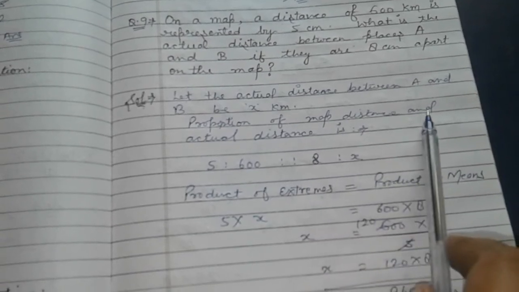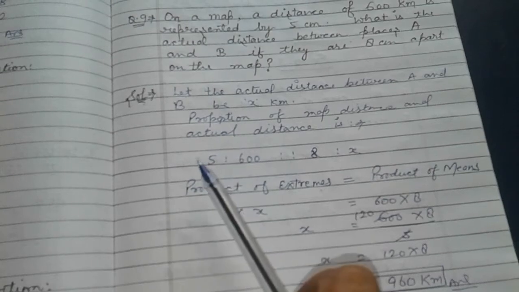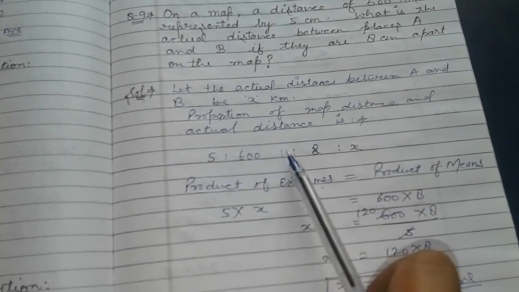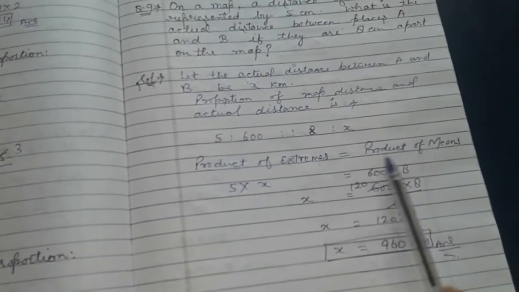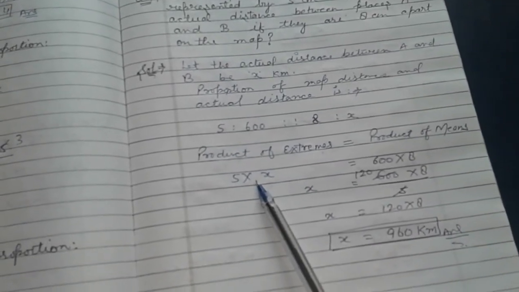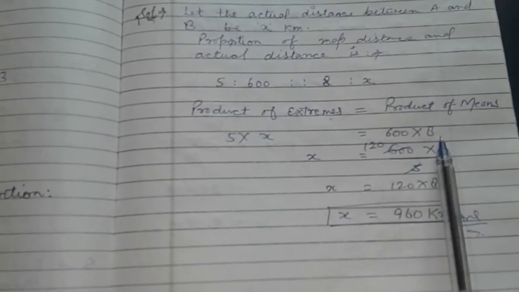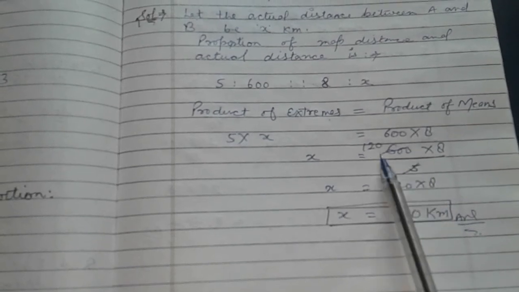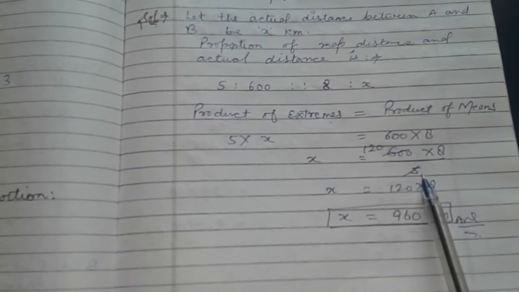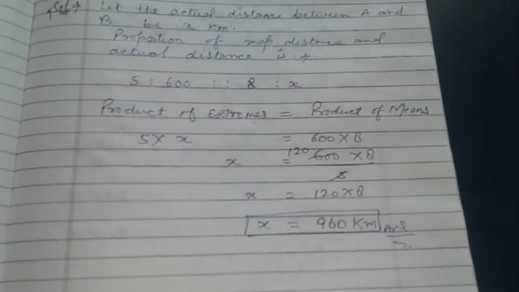Proportion of the map distance and actual distance is 5 ratio 600 proportion 8 ratio x. Product of means, product of extremes. 5 multiply x equals 600 multiply 8, so x equals 600 multiply 8 upon 5. 600 divided by 5 is 120, 120 multiplied by 8 is 960 kilometer.